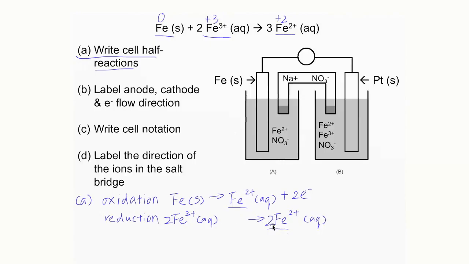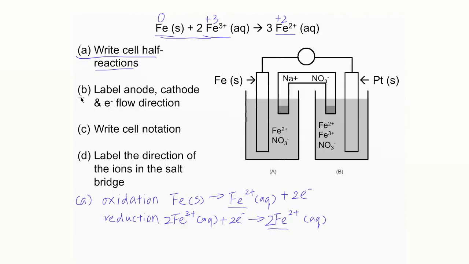Now again, if you count the charge of the two sides, you will see that you need 2 electrons on the right-hand side to balance the charge. Alright, if you add these two half reactions together, you will get the same balanced net ionic equation on the top of this slide. So this is A.